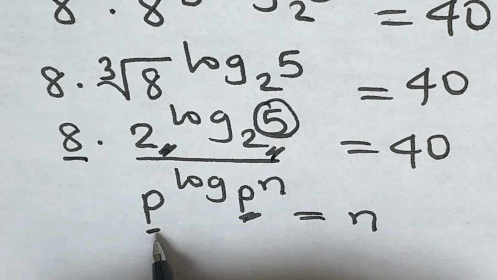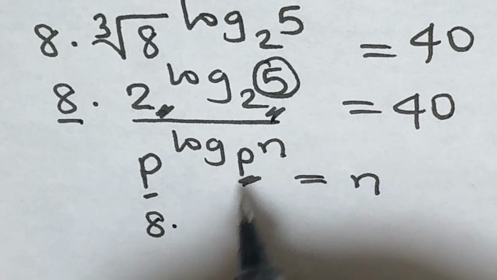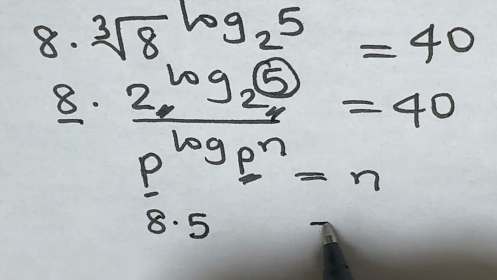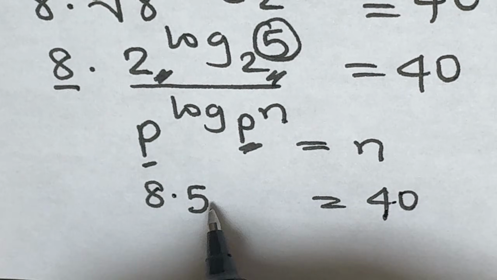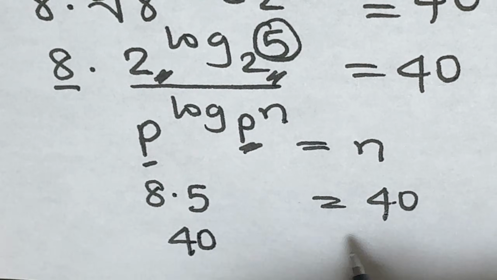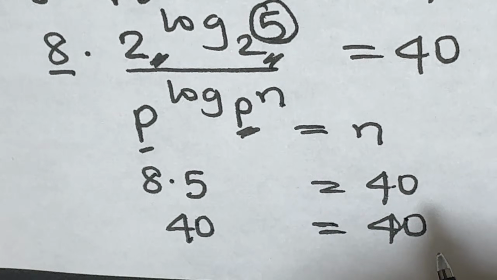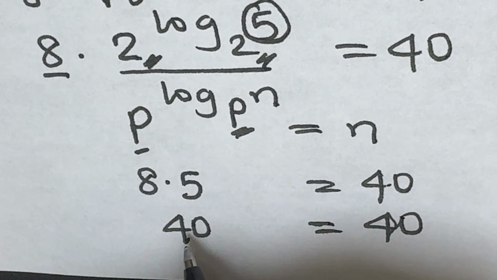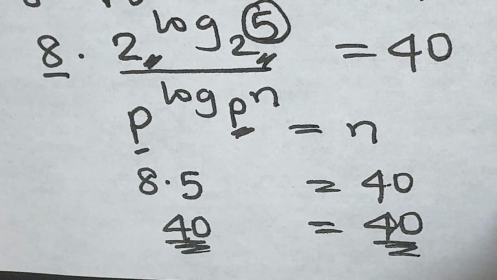So we have 8 times 5 to give us 40. And of course, 8 times 5 is 40. So 40 here is equal to 40 here. The left-hand side is equal to the right-hand side, and that confirms that the solution is correct.